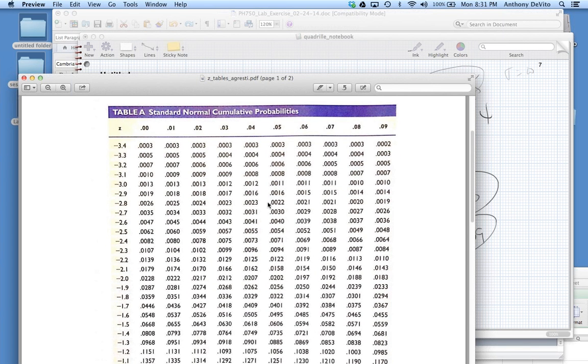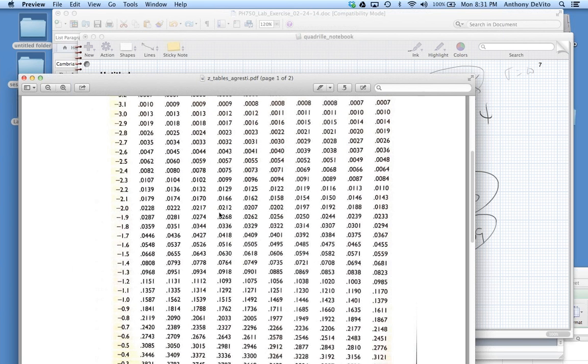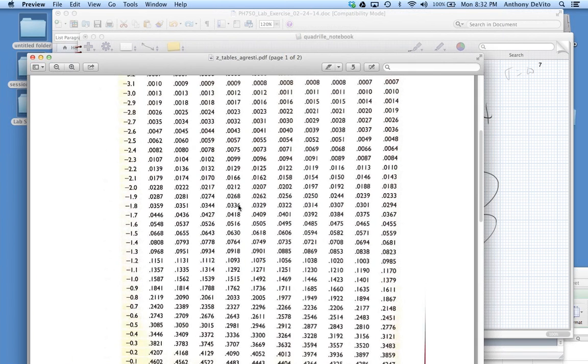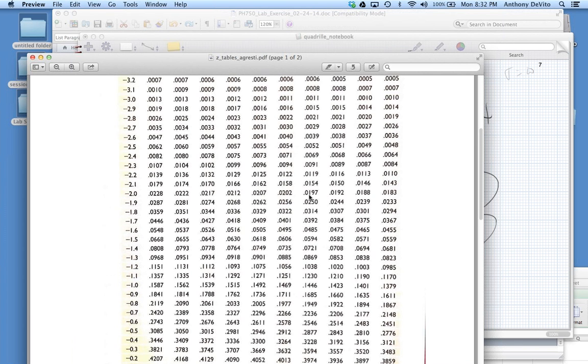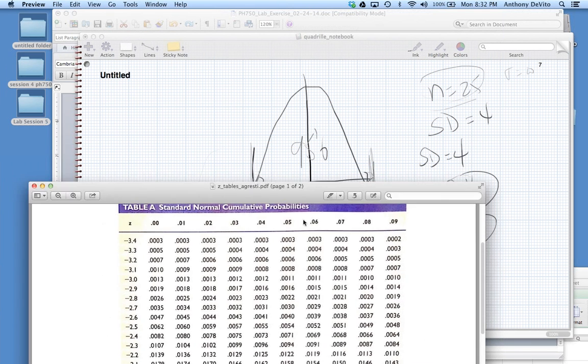Okay, so let's look in here at the areas. In order to get an area of 2.5% in here, I would have to have a z-score of... now I'm going to find it again. 1.96, not 1.90, negative 1.96.